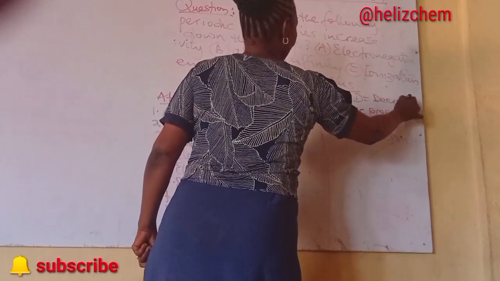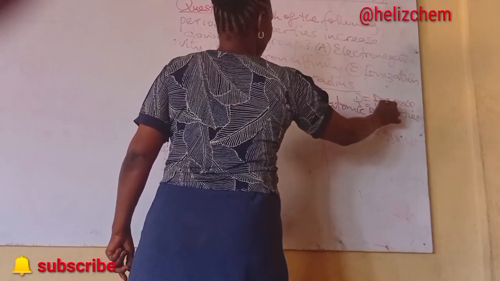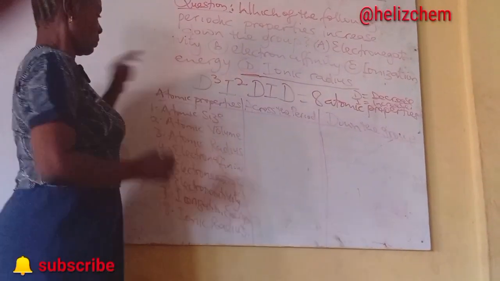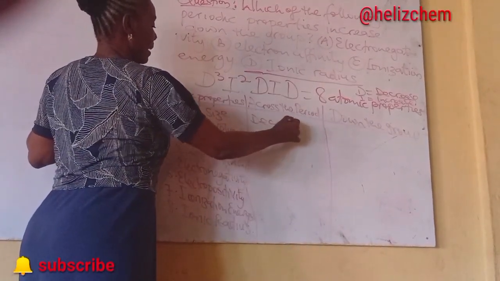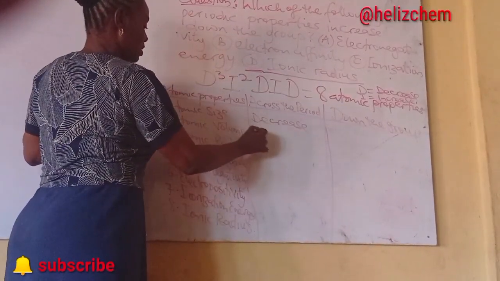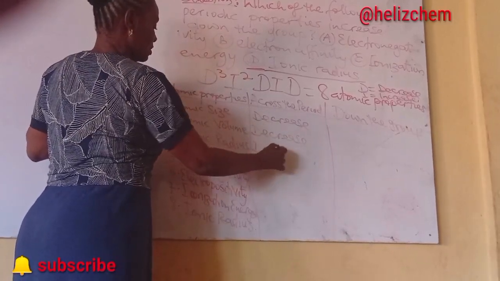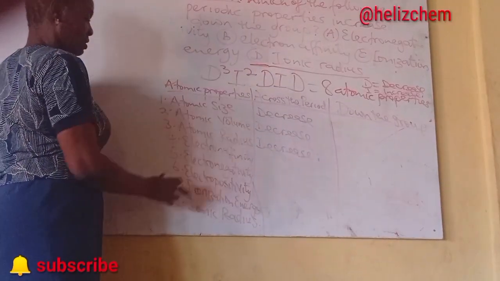D means decrease and I means increase. So with this, we are having 3 decrease, decrease, decrease. That settles the D3.